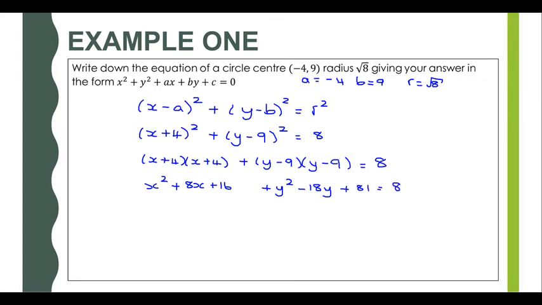The form that we're given in the question is equal to 0, so we need to make sure we move every term to one side of the equation and collect our constant terms together, which gives us x squared plus y squared plus 8x minus 18y plus 89 is equal to 0.